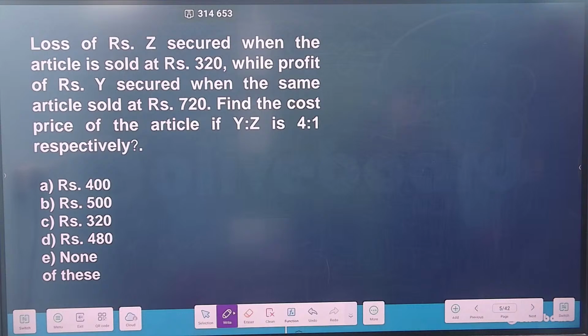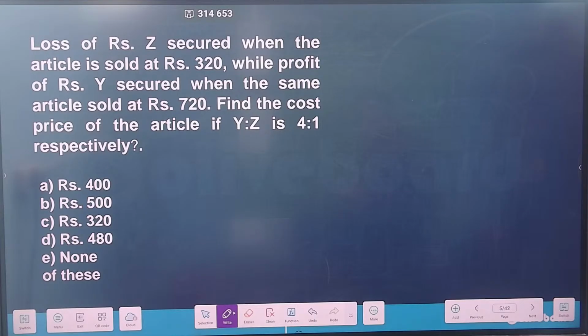Loss of Z is secured when the article is sold at rupees 320, while profit of rupees Y is secured when the same article is sold at. So basically, you can understand what kind of logic you'll apply in this question. I would request that if you guys are there, please solve the question.